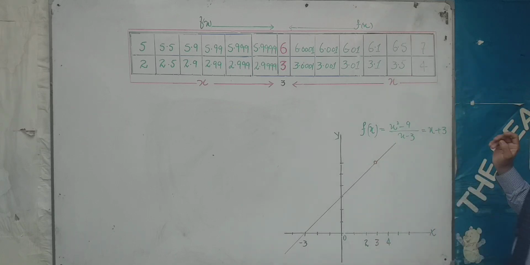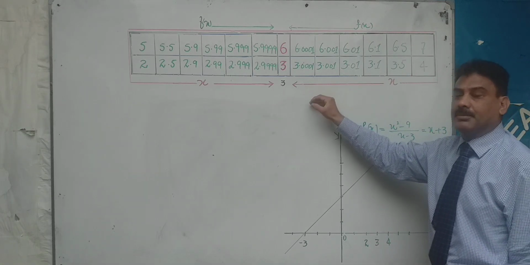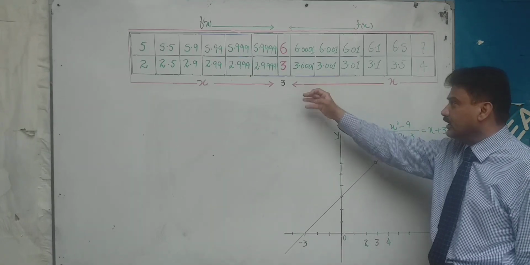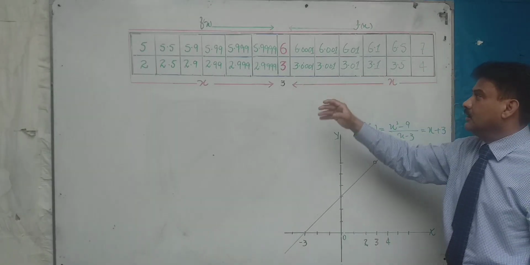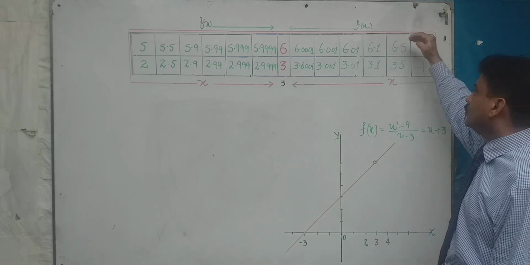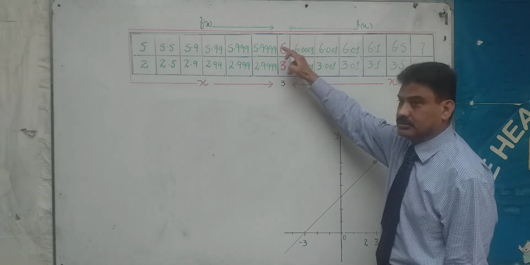You see, when we approach 3 from values greater than 3, the function value continuously decreases and tries to become closest to 6.